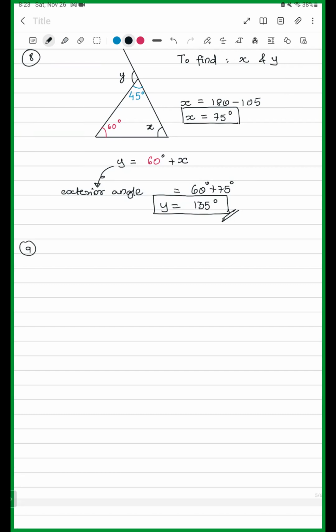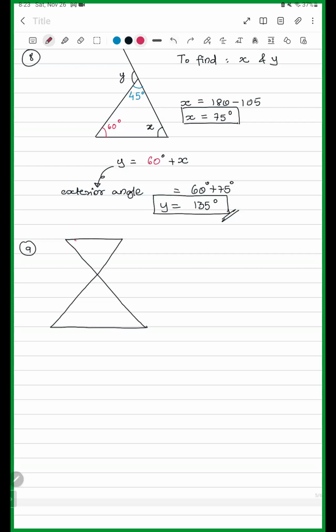Ninth one. Hiba, you'll have to think about it a little carefully. See, this angle, now look carefully, okay?